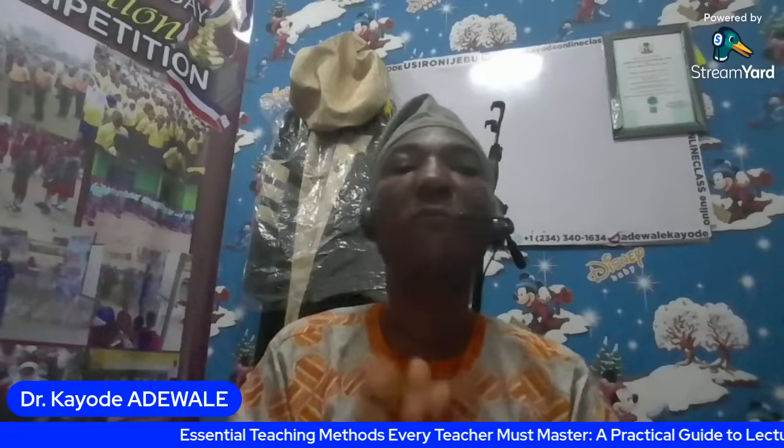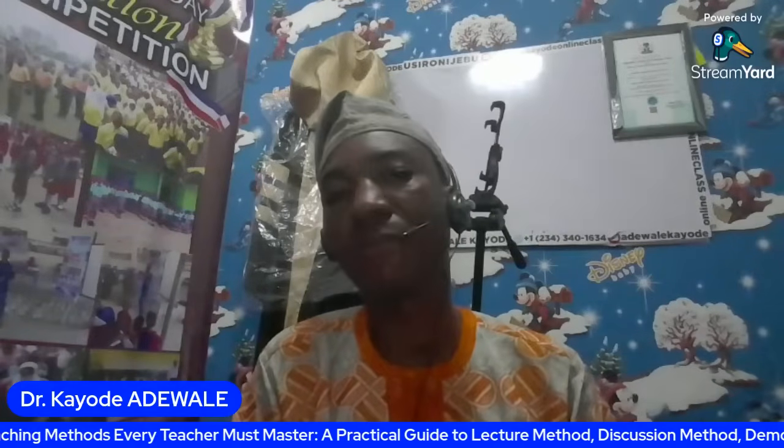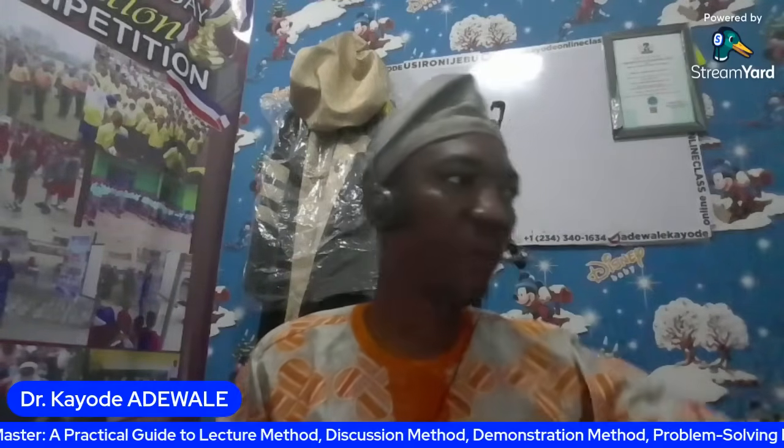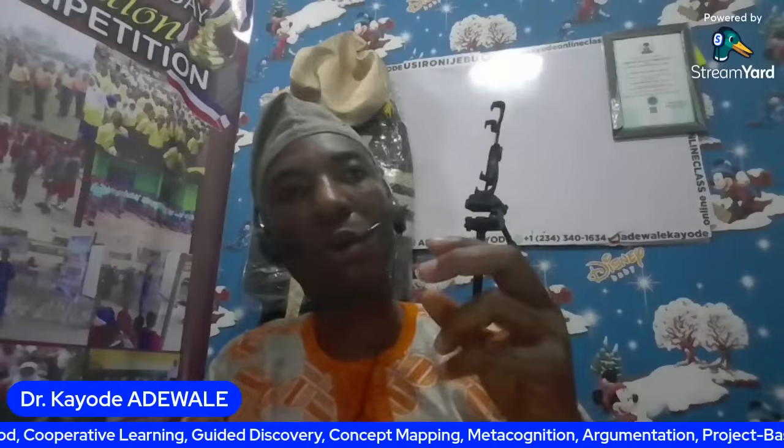So a concept mapping method is using a diagram to show relationships between concepts. Example is what I've just told you now. If I draw an apple, I have a picture of an apple and I put A. I have a picture of a ball and I put B. I have a picture of a clock and I have C. And I say match with the first letter.